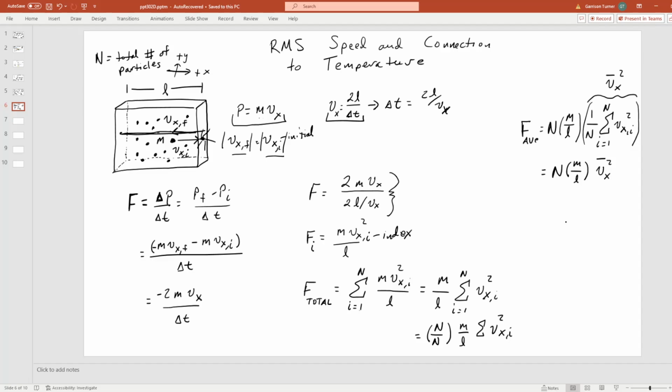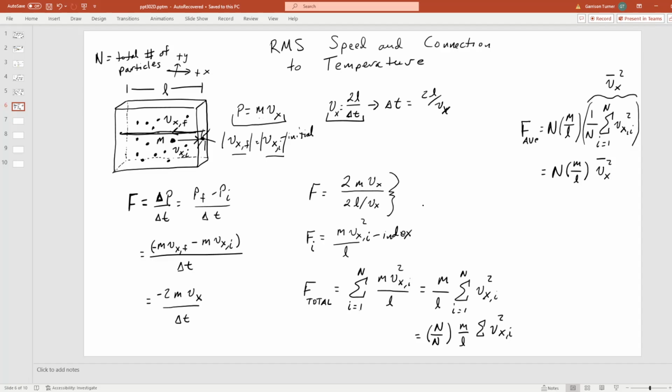And now we generalize this to say, okay, but wait a minute. What about all of the different directions the molecules can be moving in the container? They're certainly not all moving in the x direction. They're going to collide with each other and change directions, and you're going to have z components and y components and so forth.